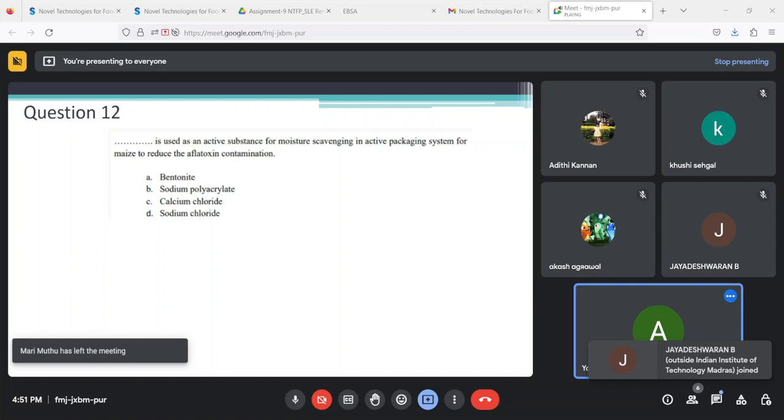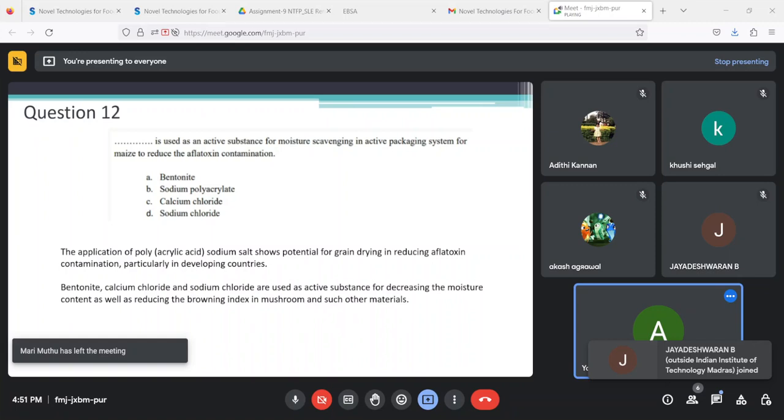So amongst these four products, sodium polyacrylate, that is the polyacrylate sodium salt, shows potential for grain drying in reducing the aflatoxin contamination, particularly in developing countries. So people often add sodium polyacrylate to the maize during the drying process, which will scavenge all the moisture and prevent the fungal growth and toxin production.